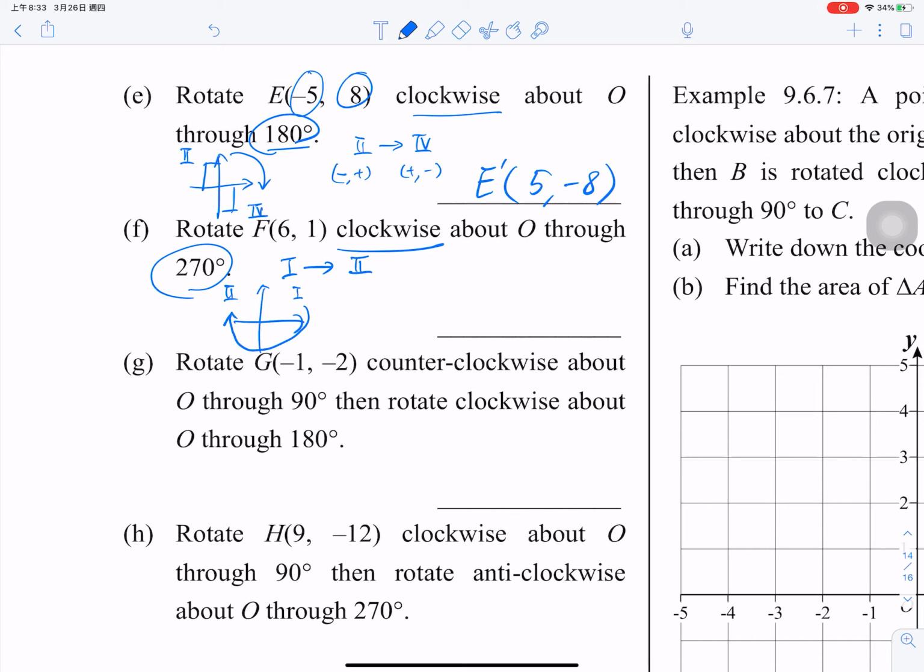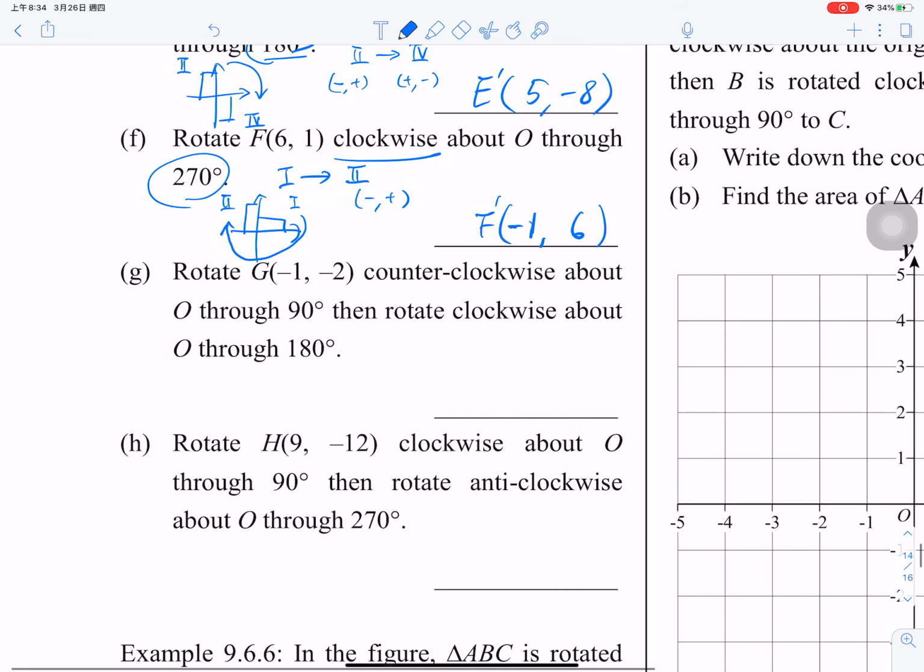So this one, F. 6, 1, after turning, becomes 1, 6, right? And in quadrant 2 the x coordinate is negative. So this one, negative, positive. The image of F is negative 1, 6.